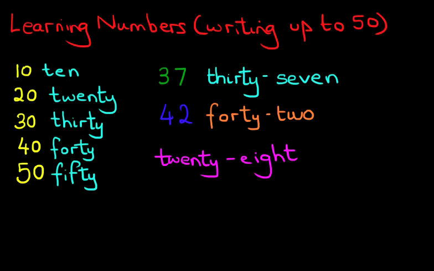Okay, now I want you to read that in pink and tell me what number it is. Well, actually, it's a nice easy one. The number is 20. That's the 20 part here, and then it's 8. 28.